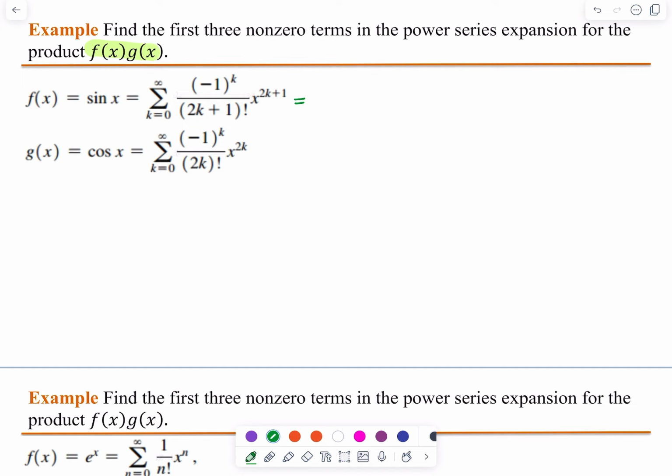So we're going to plug k equal to 0, k equal to 1, k equal to 2, or you may already know the power series expansion for the sine of x. And so here, of course, we have x minus x cubed over 3 factorial plus x to the 5th over 5 factorial minus x to the 7th over 7 factorial, and so on and so forth.